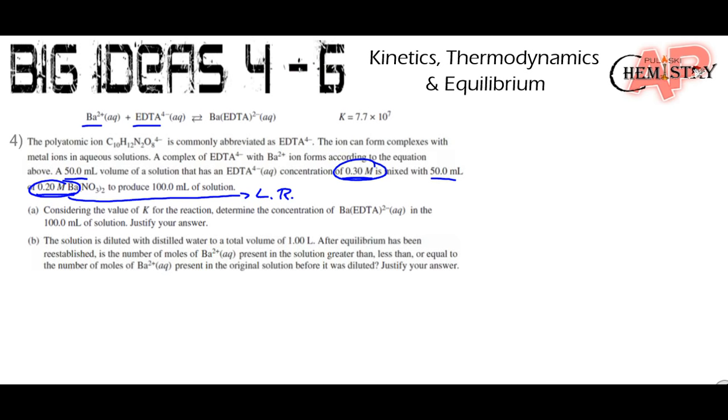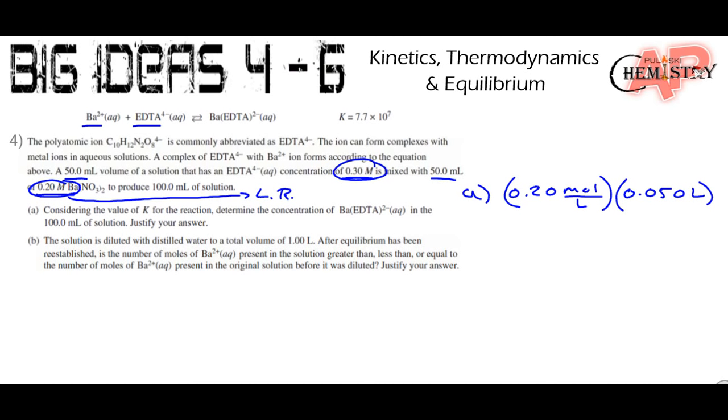So if it's actually asking for concentration, what I would say is I had 0.2 molar of the Ba, and now it is in a 100 ml solution. Sorry, initially it was in a 50 ml solution. Right?